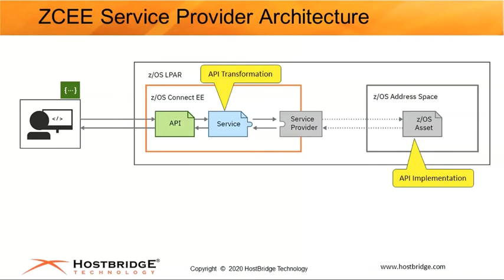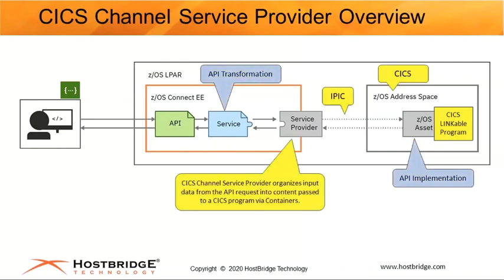So this is a very generic diagram, but now we're going to start laying in some details on it. So we still have the transformation and the implementation, but now let's look at this as the CICS channel service provider.